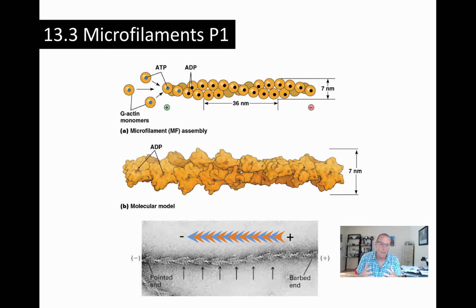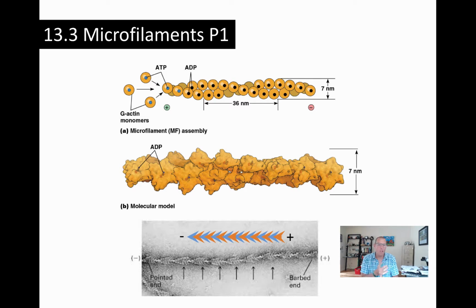So let's now talk about the monomer used to build microfilaments. We talked about alpha and beta tubulin and microtubules, so let's talk about actin. Actin is probably the most abundant protein in eukaryotic cells. It's found in all eukaryotic cells. Once it is synthesized, it folds into a globular-shaped molecule that can bind either ATP, or if the ATP becomes hydrolyzed, ADP.